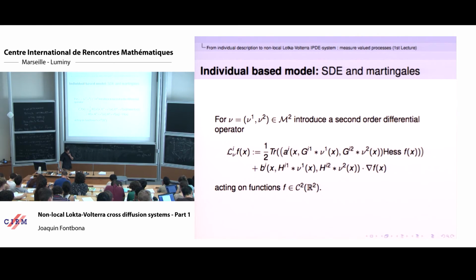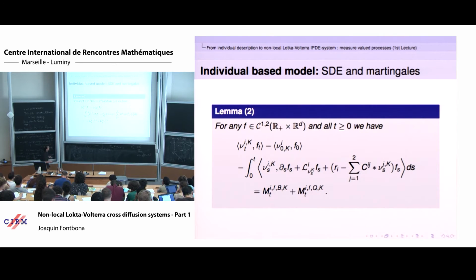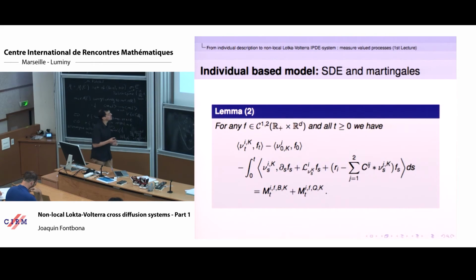Okay, so with this notation, I arrive at this. This is telling me in a summarized way what the dynamics of my measures are. What I'm doing is taking test functions, depending on space and time, and I look at how these quantities evolve.